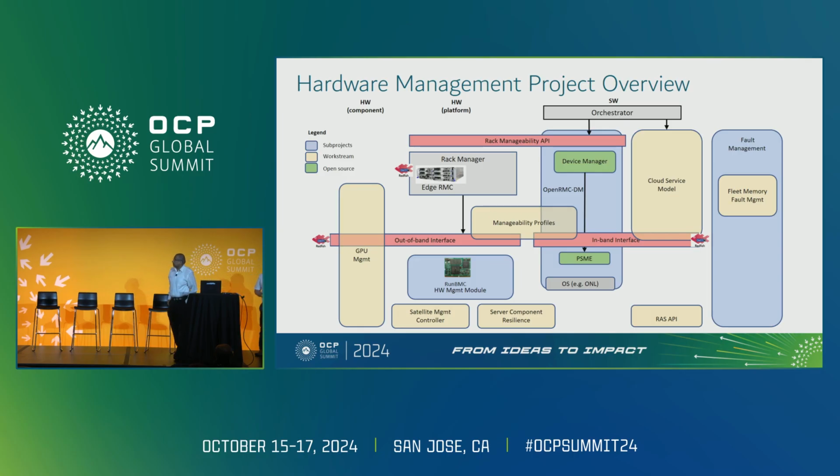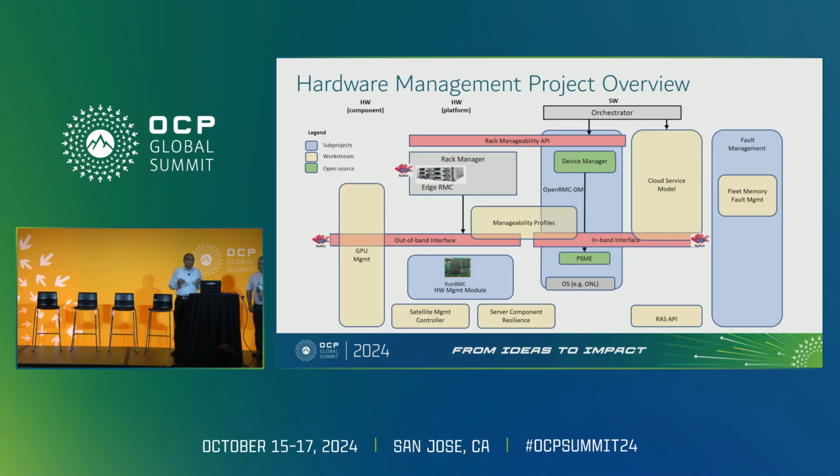Let's first look at this picture, which is very important to see how the hardware management project is structured. You see three different color codes. Overall, the project is divided into a number of work streams and sub-projects. In the middle is where both out-of-band and in-band management interfaces are covered.